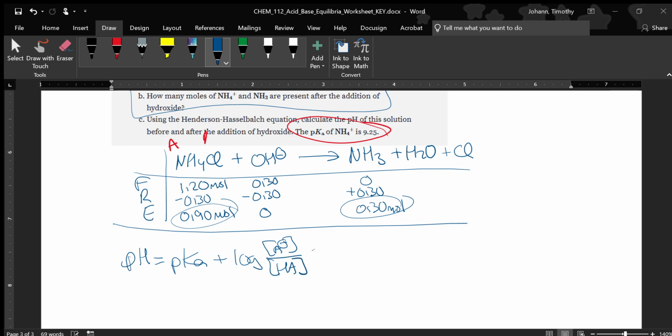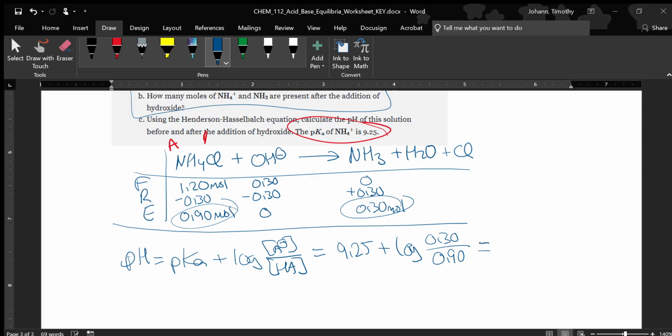Okay, and that's going to be pKa is 9.25 plus the log of A minus, which is going to be 0.30, right? That's our conjugate base over our acid, which is 0.90. These are moles and not molar in terms of concentration, but since they're in the same volume, I can use the mole ratios instead of the concentration.